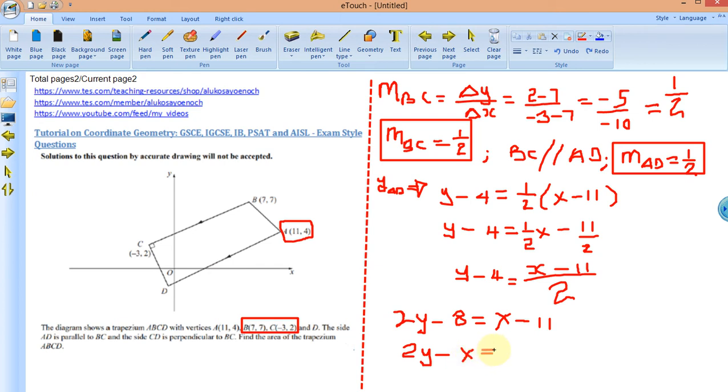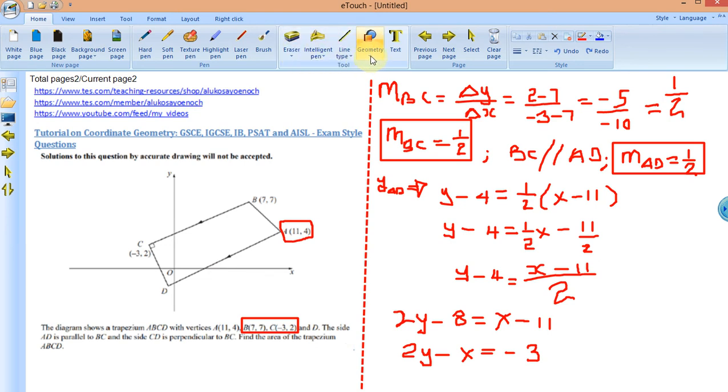So minus 11 plus 8 will give you minus 3. So the first equation I have here is the equation of line AD parallel to BC.